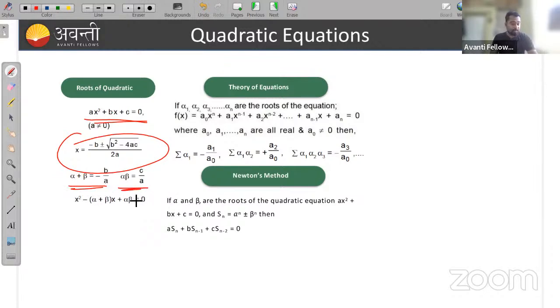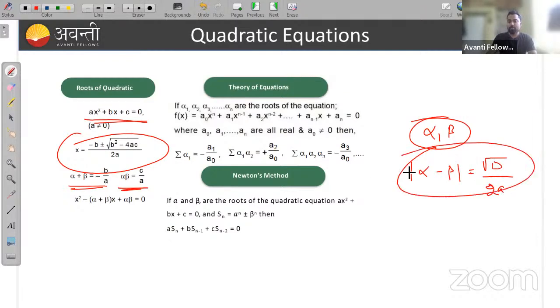Here something is missing. Can you say what is the difference of roots? If alpha and beta are the roots of this quadratic equation, then how can we find the difference of roots? Anyone can say? That is mod of alpha minus beta, which is equal to under root of D upon 2a, the difference of roots.